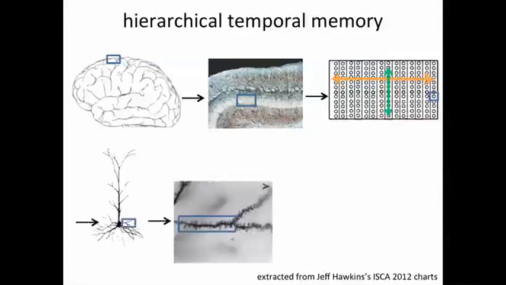Each neuron, on the other hand, looks something like this. Most of the white matter in one's brain consists of the connections between the neurons. The neuron body is actually a small fraction of the gray matter in the brain. And the connections between neurons look something like this. These are called dendrites, and this is the axon.